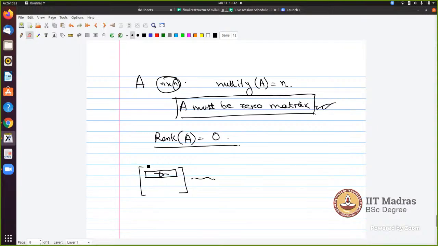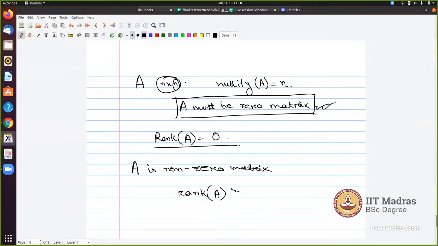In an earlier activity there was a question like this: suppose A is a non-zero matrix, then rank must be greater than or equal to 1. Yes, sir, it was there.